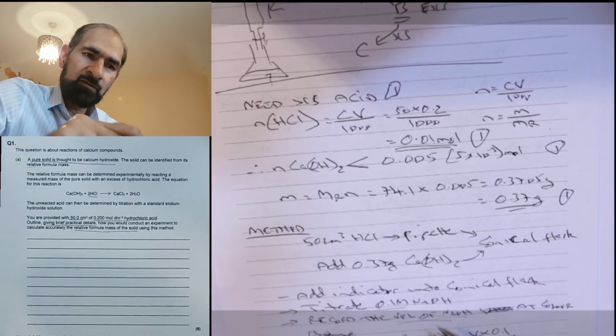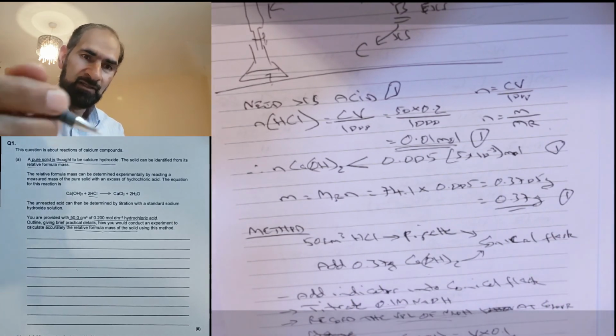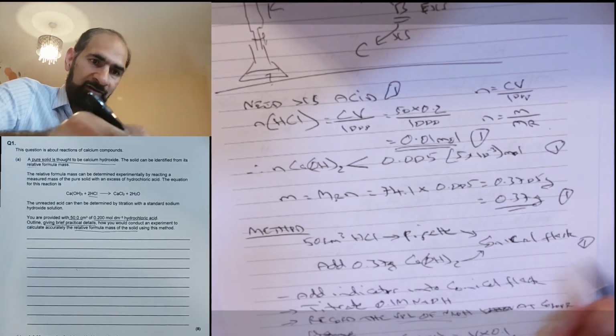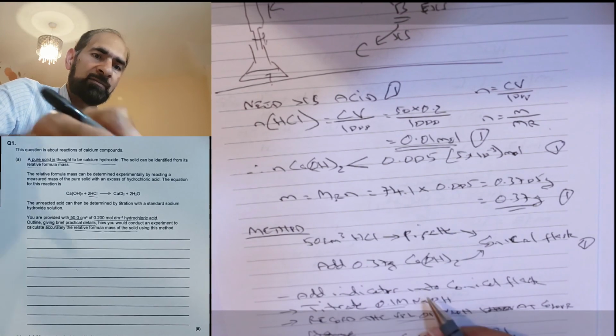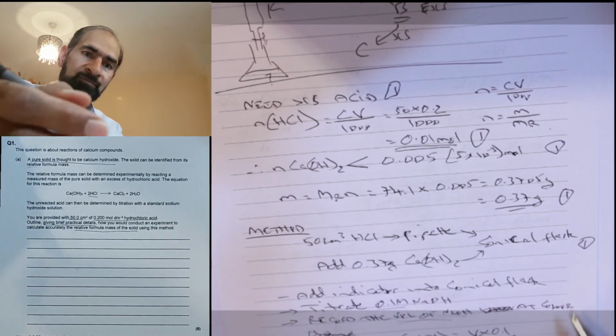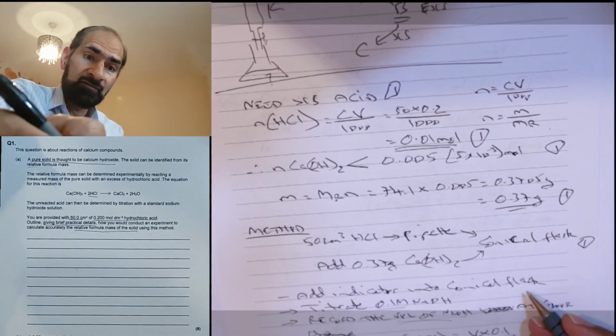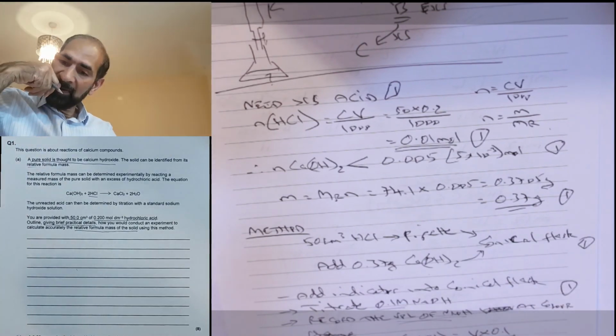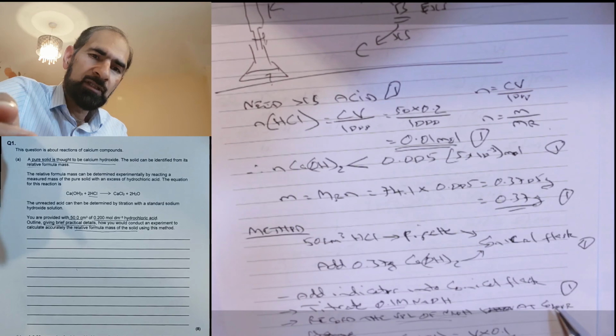Then in terms of the method, I think that's going to be a mark, the fact that you're going to react HCl and the calcium hydroxide together in a flask. Then you use an indicator and titrate it with a known concentration. I think that's going to be a mark.